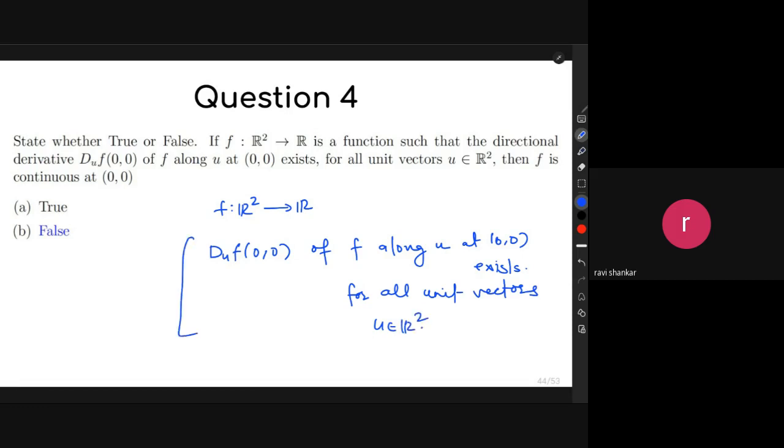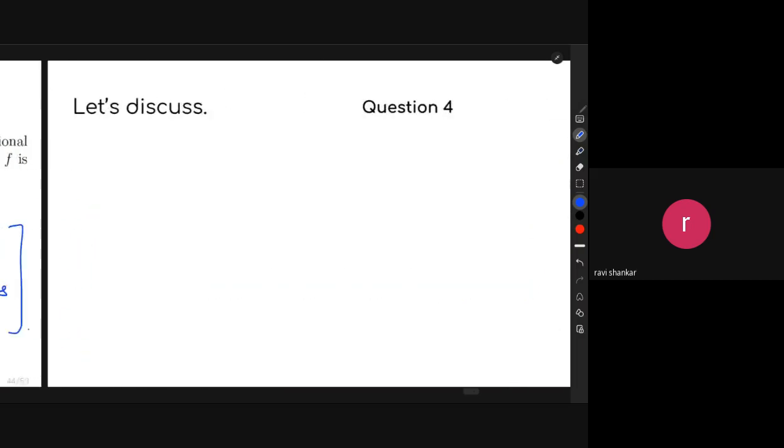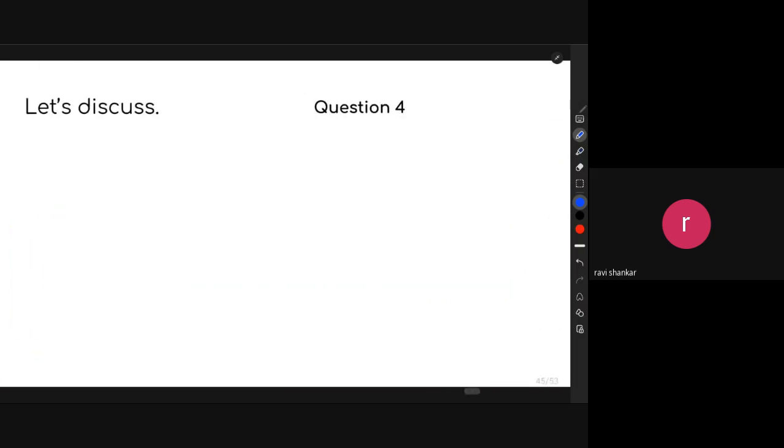Now if this happens, then you need to prove that f is continuous. So first of all, is f going to be continuous? Before going to solve this question, let us first recall what a directional derivative is.